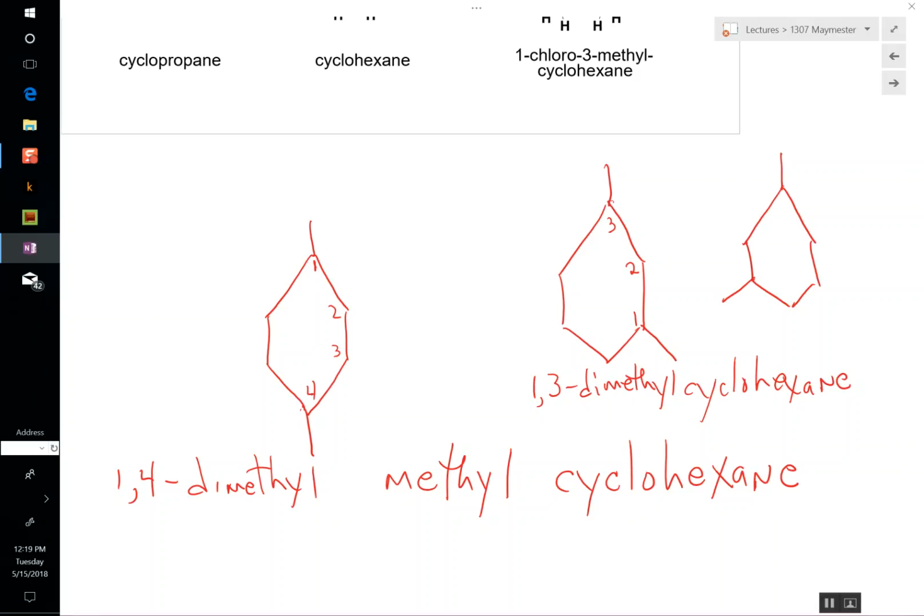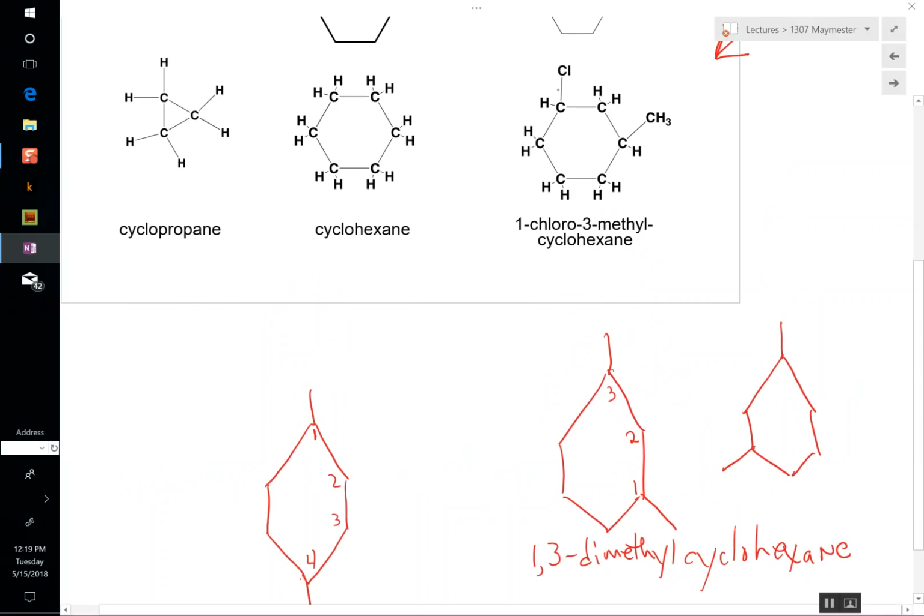I'm not going to worry too much about the chloro. They just decided, okay, we're going to start counting from the chlorine or from the methyl, and they picked from the chlorine. I think it's because your slide says that for the cycloalkanes, you place substituents in alphabetical order. So I think that's why they did the C first. For the chloromethyl? Yeah.